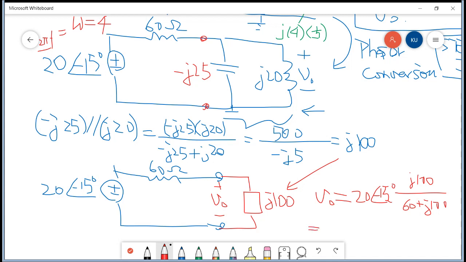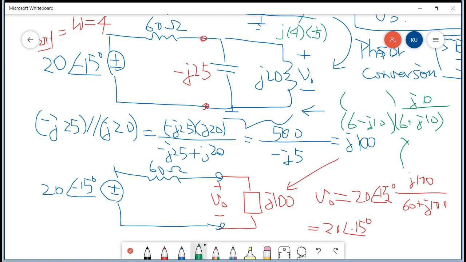So we can make some simple calculation. It will be 20 angle minus 15 times j100 over 60 plus j100, and then we multiply it by 60 minus j100 over 60 minus j100.